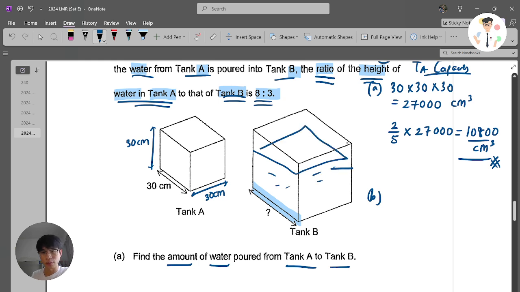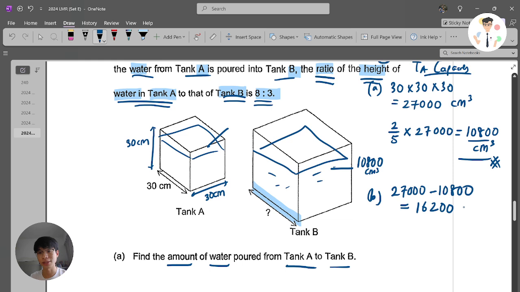Now I have 10,800 cm cubed here. Then what is the water that I have left over here? I just minus, right? 27,000 minus 10,800. The water I left over is 16,200, and this is in cm cubed.